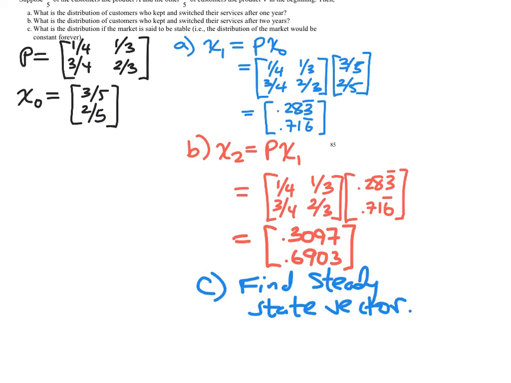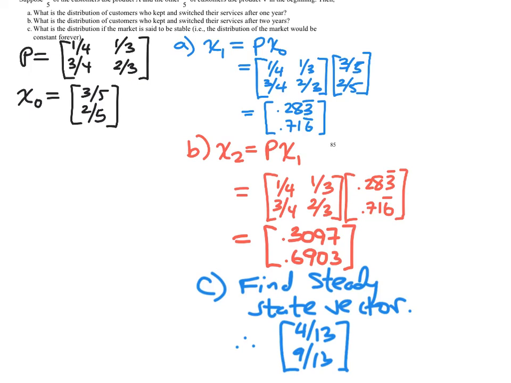The original fractions were not as pretty, but they were round. So 4/13 of the population, which amounts to about 31%, is going to keep their service. About 70%, or 9/13 of the population, is going to change their service.